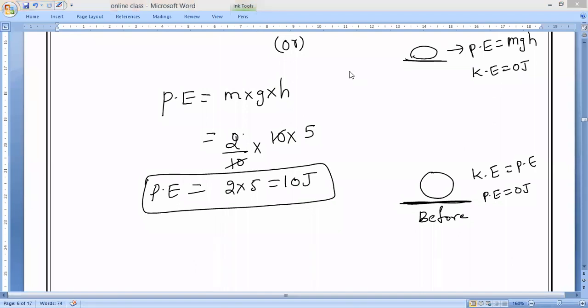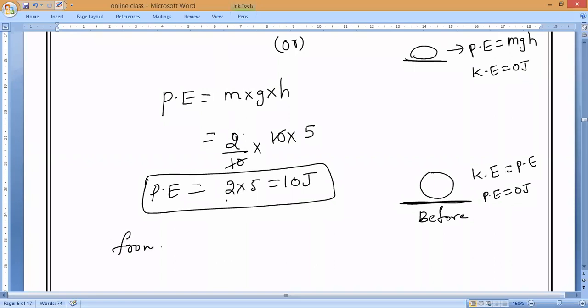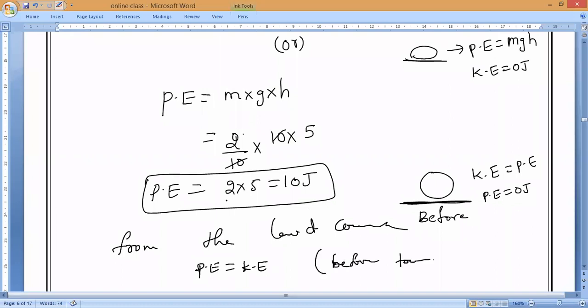Or else you can write, from the law of conservation of energy, potential energy is equal to kinetic energy before touching the ground. So kinetic energy is equal to 10 joules.